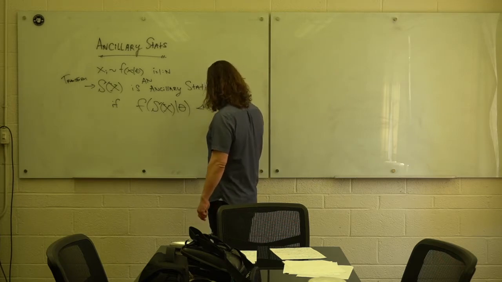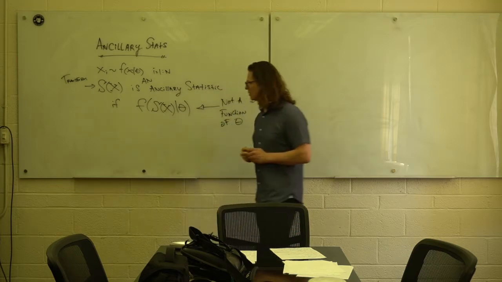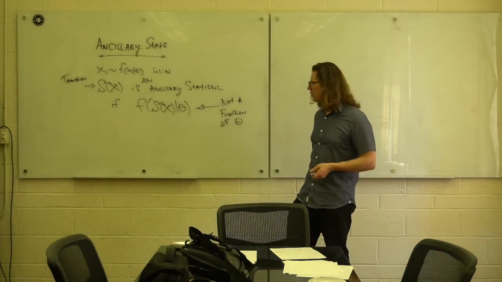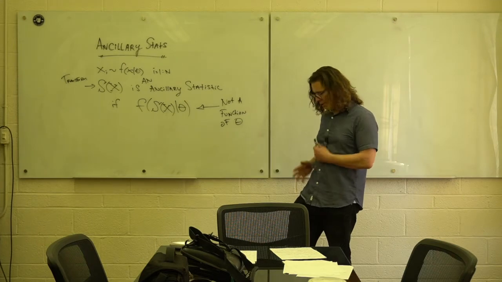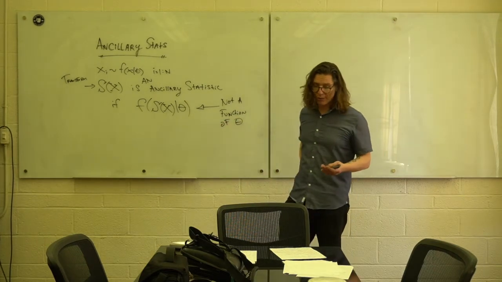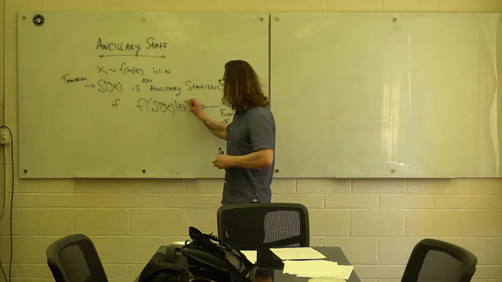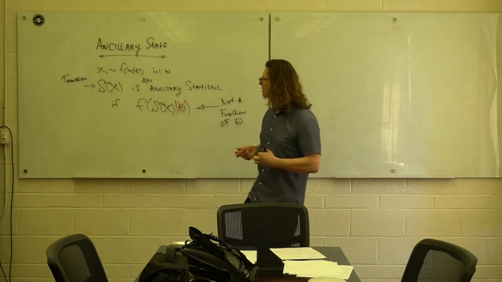Not a function of theta. So usually you would write in the theta, and then you might figure out what this is analytically and notice that there's no actual thetas that appear in the equation. And so that isn't there.